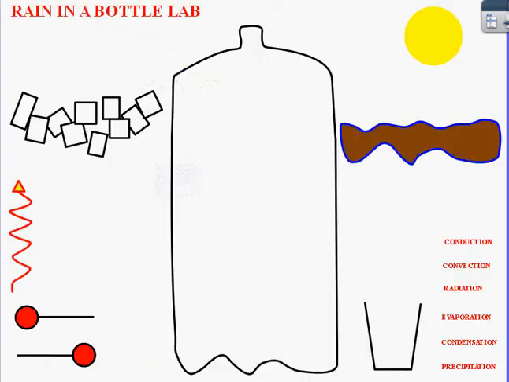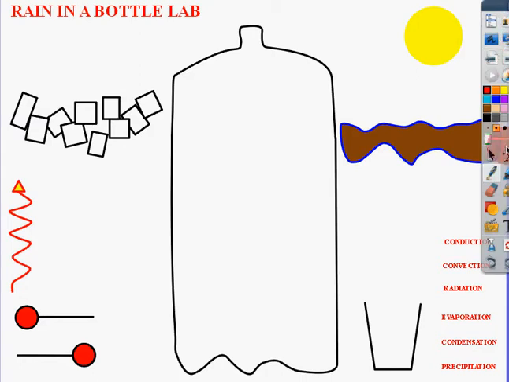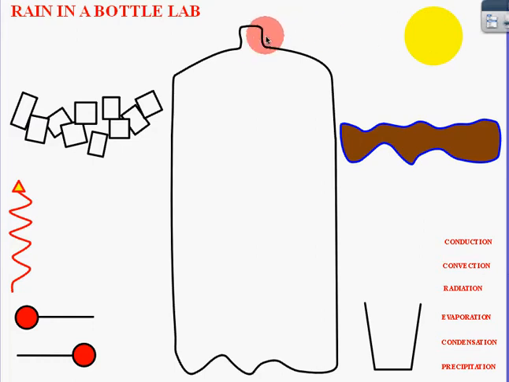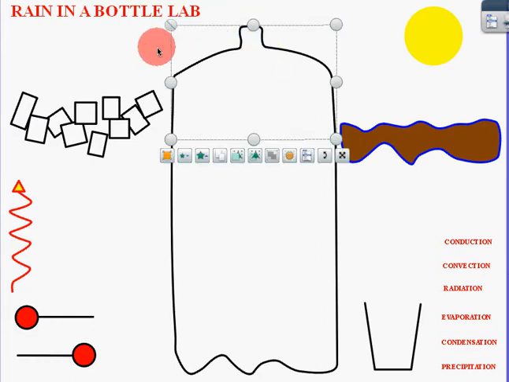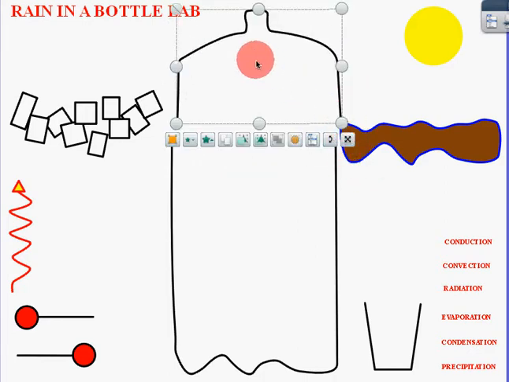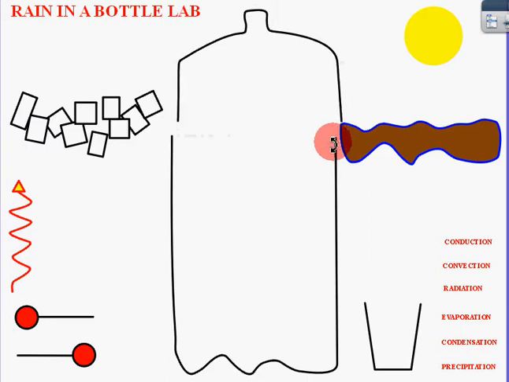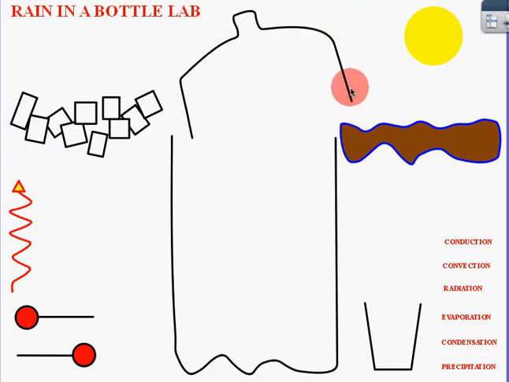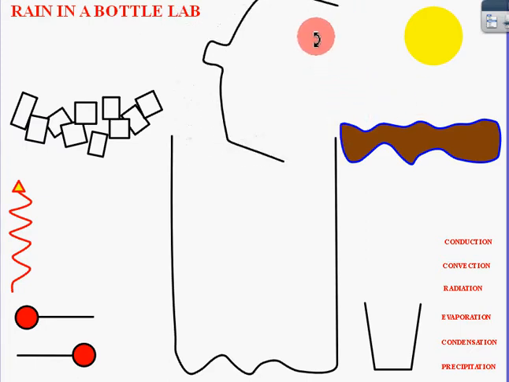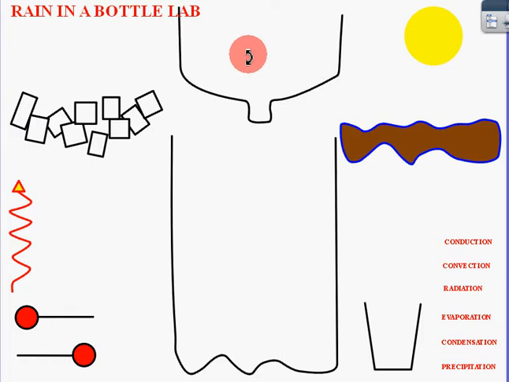So the last thing was to take all of our materials together and start to put them in the way that we use them. So the first thing we did was to take our top, and we wanted to make sure that it was upside down inside our bottle.